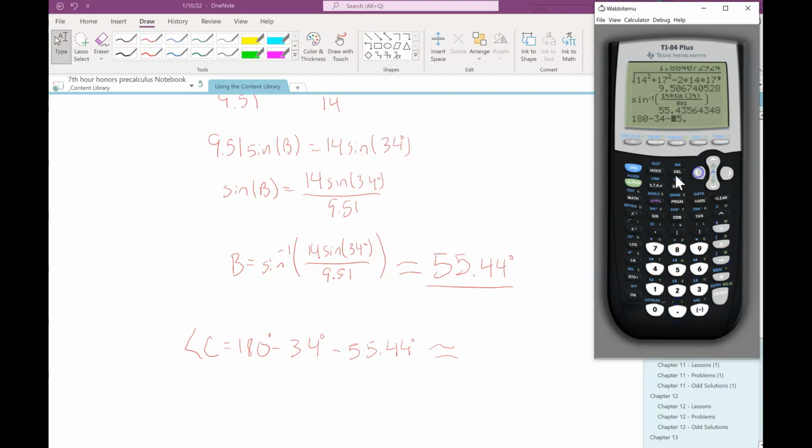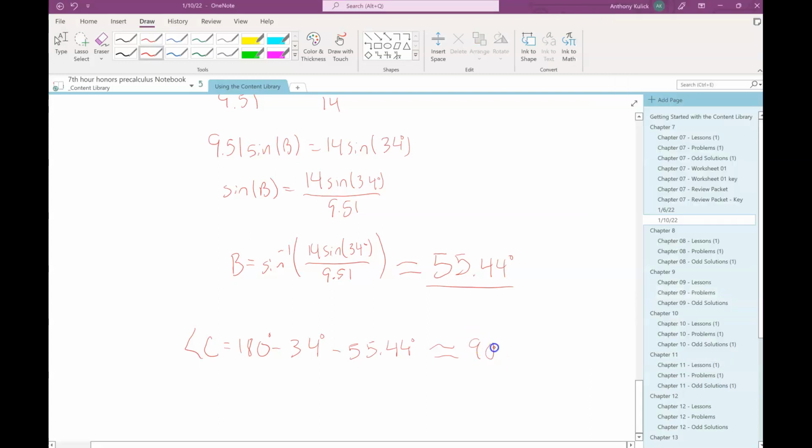Oops, how did I do that? To get 90.56 for my third angle, and I'm done. Not too bad there, right?